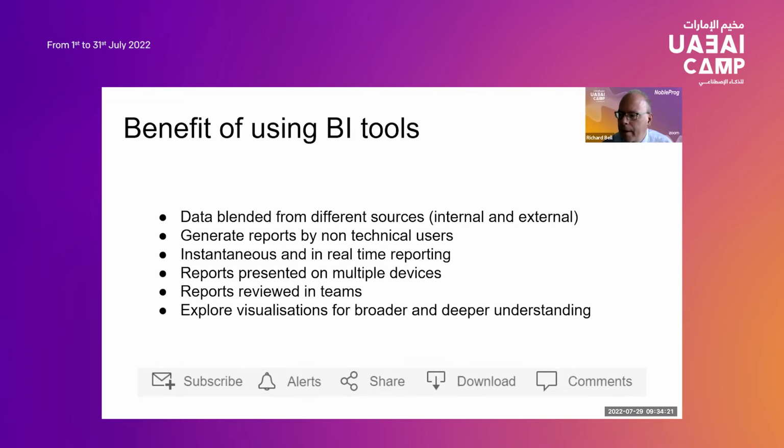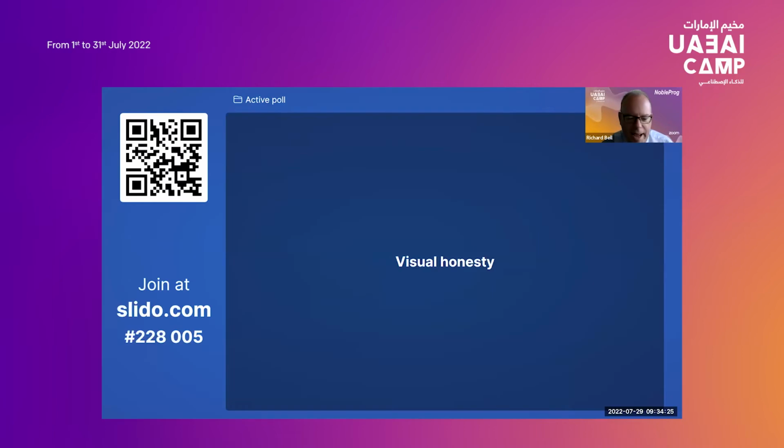Okay. So, next question on Slido. What I'd now like to talk about is some best practices around visualizing data. And the first one I'd like you to look at is this one. There are 3 visuals being displayed.